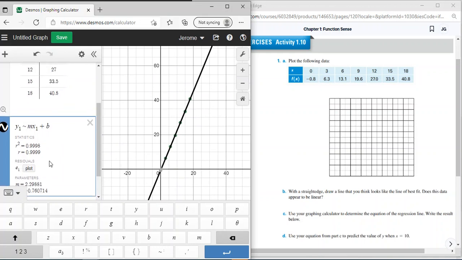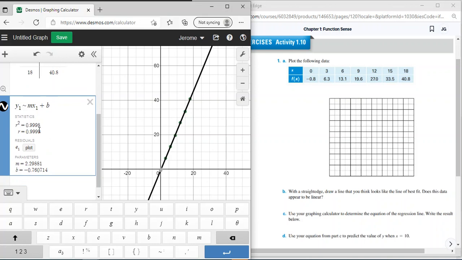Now, to get the equation that you're trying to get, you notice here that your m is 2.29881. We're going to round to 3 decimal places here. So we will have y is equal to 2.299x minus 0.761.